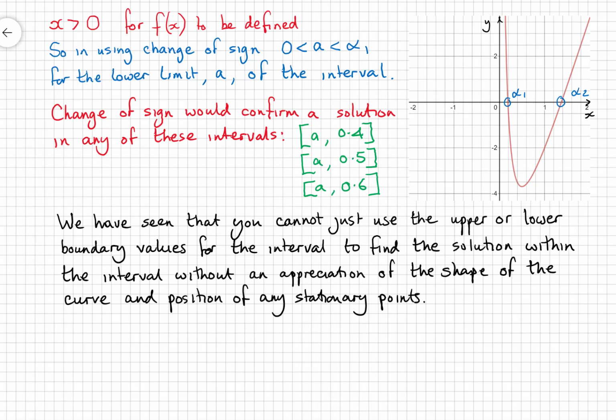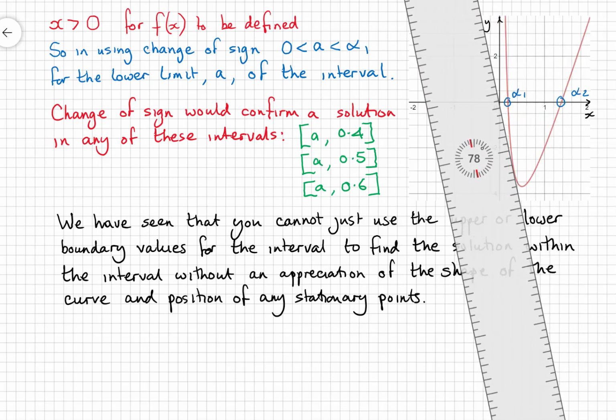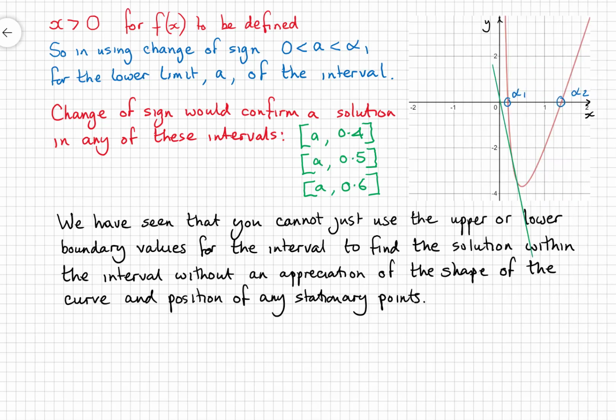From the work that we've already done, we now know that if you take a starting value of 0.4, Newton-Raphson is going to fail. But there is a limiting value. There is a tangent that will pass through the origin, and the x value of that point will be the upper limit for starting values that will converge on the root alpha 1.